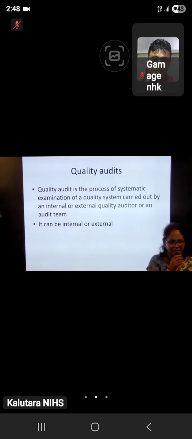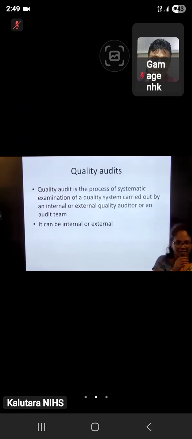An audit team is a group of people, not just any group, but people having expert knowledge in this particular field. The group of people come and examine. It is a systematic examination of the quality system carried out by an internal or external group.